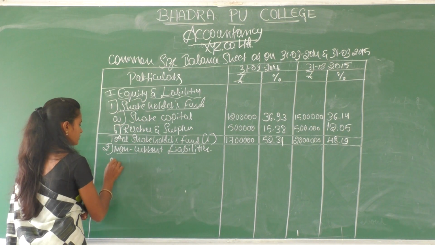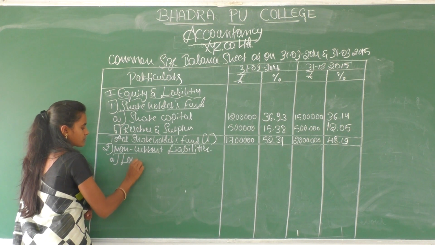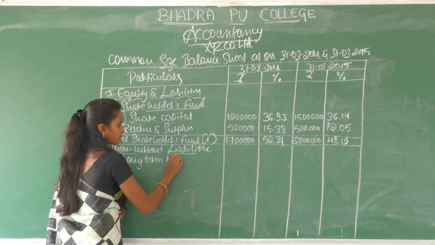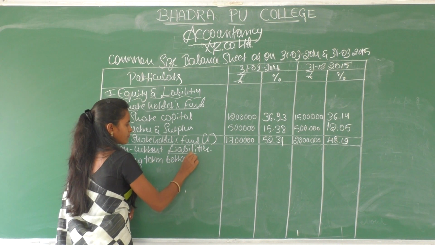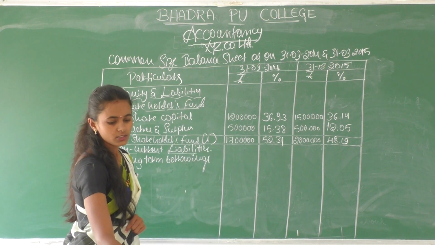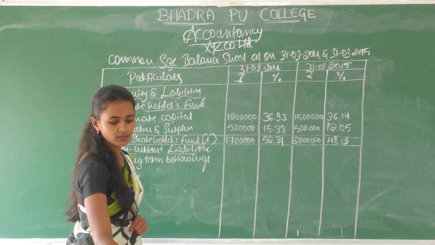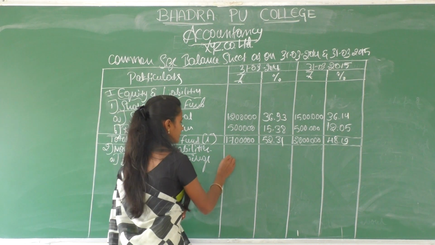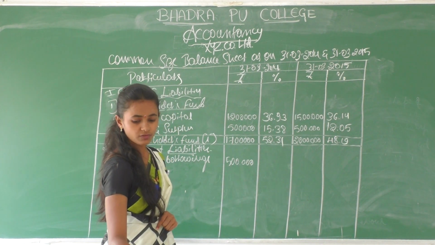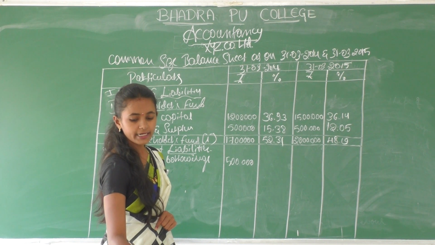I am taking here long term borrowings. In case of 2014 it's 5 lakh, and in case of 2015 it's 6 lakh.